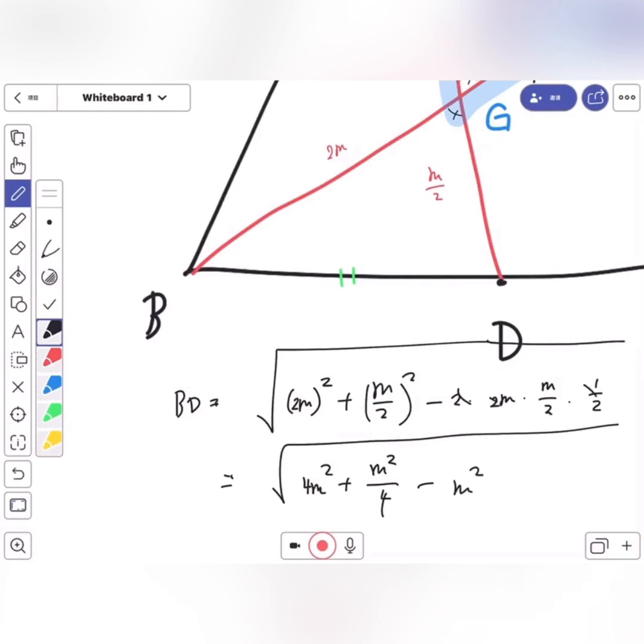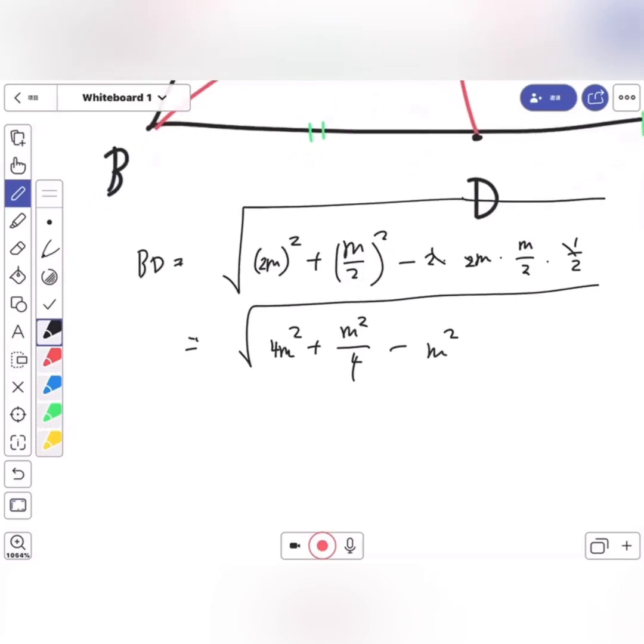So this is just 13m squared over 4, which is root 13 over 2 times m.